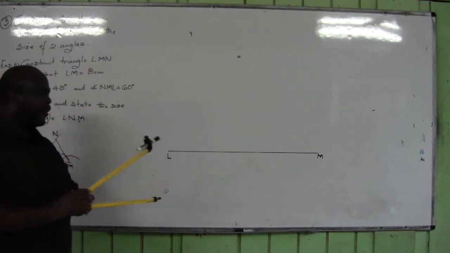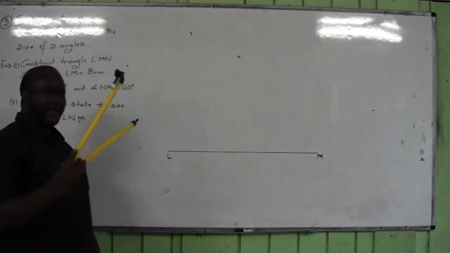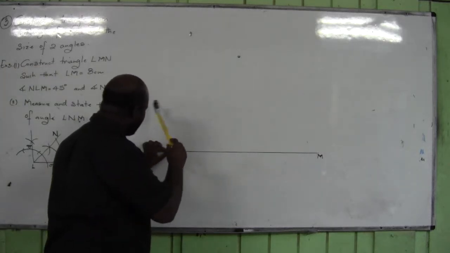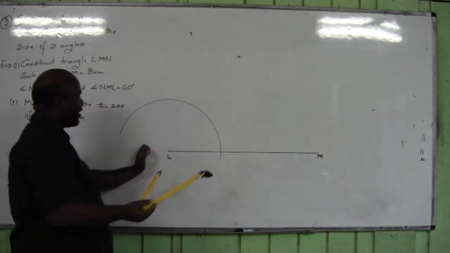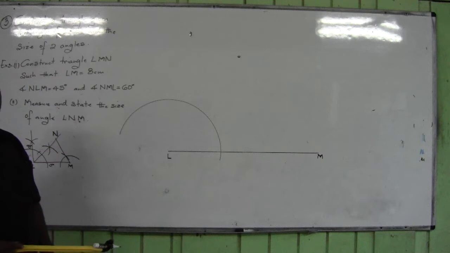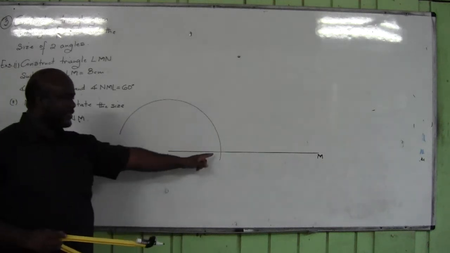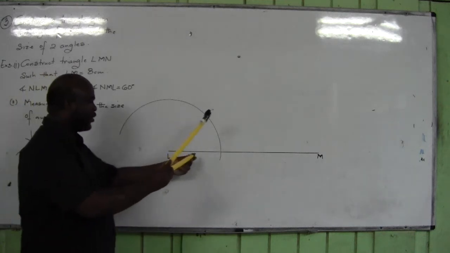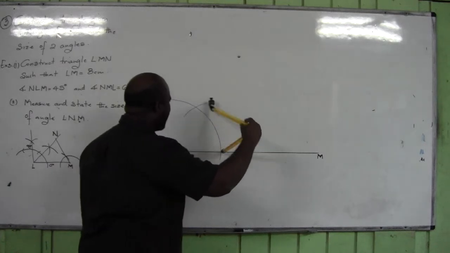So, fine. Put the metal tip at L. Everybody, look, put the metal tip at L, and I scribe a wide arc. Remember, we measure angle along this arc. Right here is 0 degrees. So I then move the metal tip from L, put it at 0 degrees, and I scribe an arc.